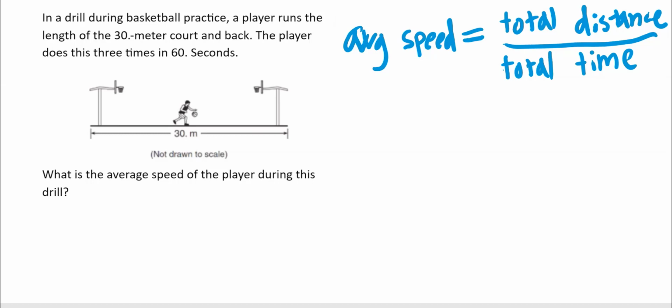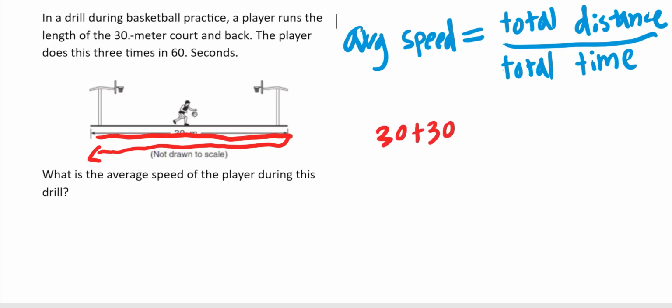We know that the whole length of the court is 30 meters, but he runs the 30 meters, and then he runs back. So to go back and forth once, that is the 30 plus 30 meters. He does this 3 times. So we can say 30 plus 30 is 60 meters, and he does this 3 times, so times 3.